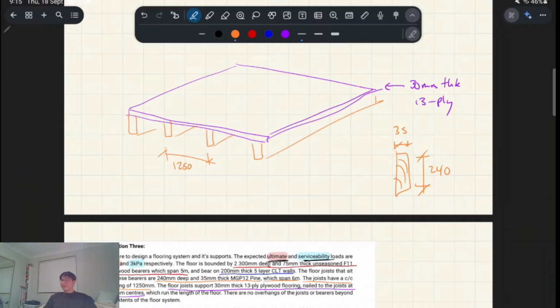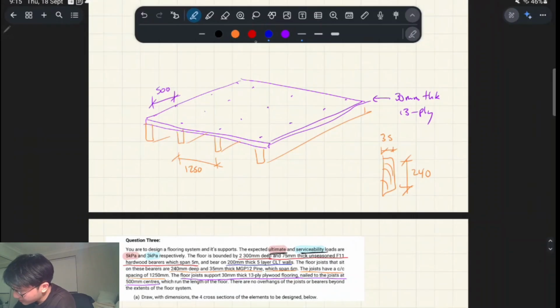Okay. Do I have to explain anything else about that? I'll probably have to talk about the nailing, right? So the floor has to be nailed, right, at regular centers to these floor joists so that it doesn't slip around. So these nails are at 500 centers, right? So hopefully that makes sense.